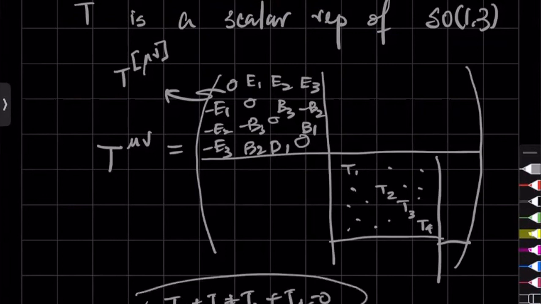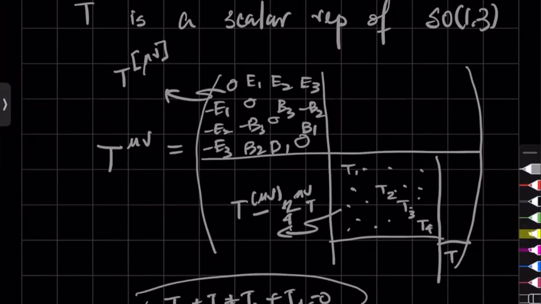So only 3 of these will be independent, and this will be basically T mu nu symmetric minus eta mu nu by 4 T, and here we will have T. Okay, so this is basically how the vector space on which the Lorentz transformations act will decompose.